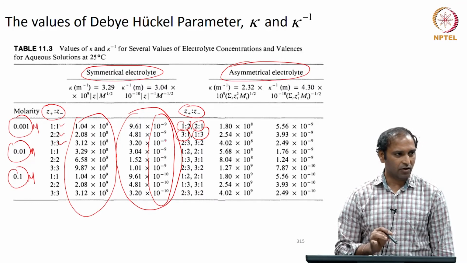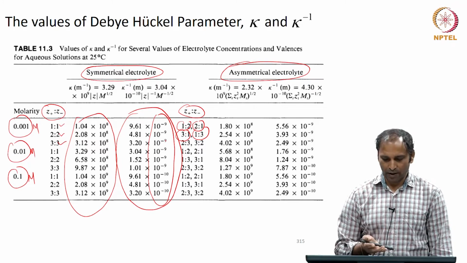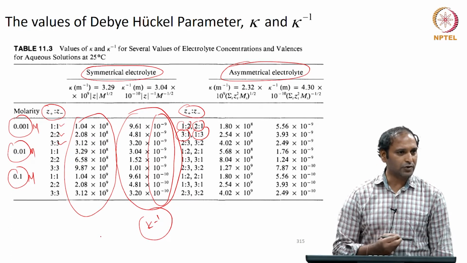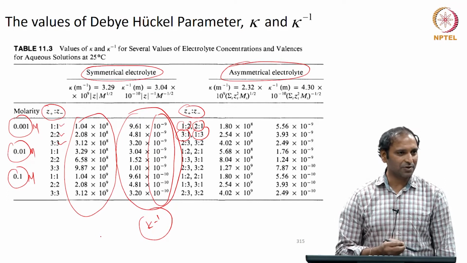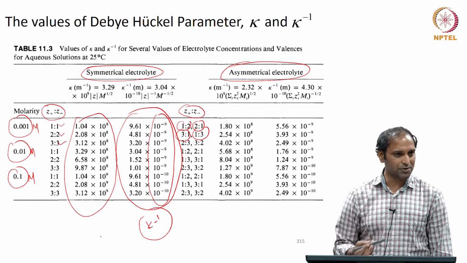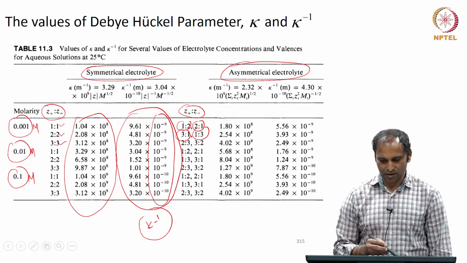That is important to keep in mind: whenever you calculate kappa inverse, if you get values which are microns or really large, that means there is something wrong with your calculation, because kappa inverse values are supposed to be in the nanometer size range.